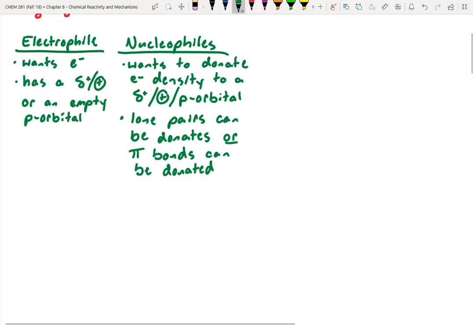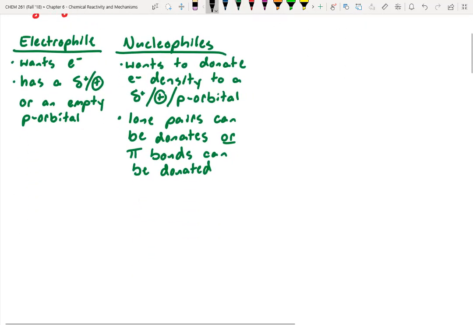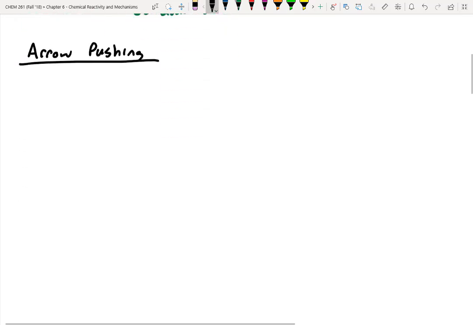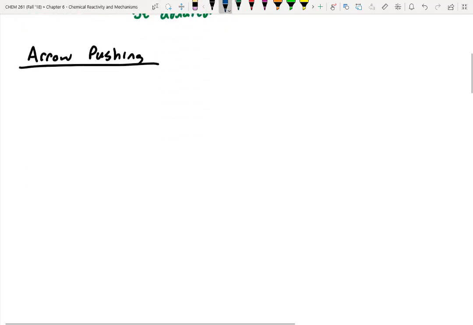All right? And the other thing that's really important to remember is arrow pushing notation. All right? We already saw one of them where we said you can have an arrow from your electron source that goes to your electron destination.